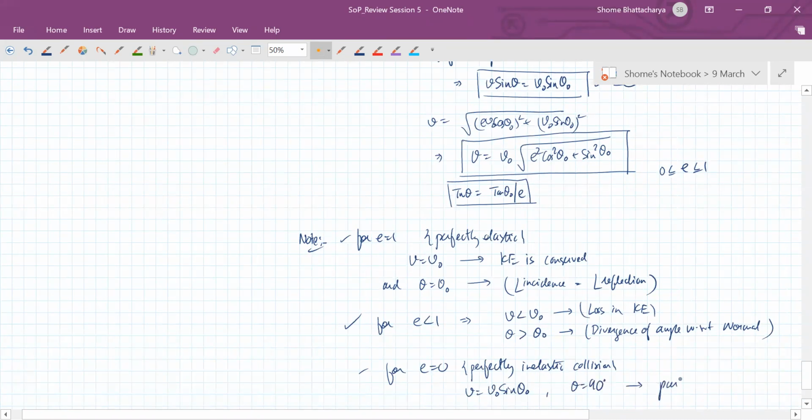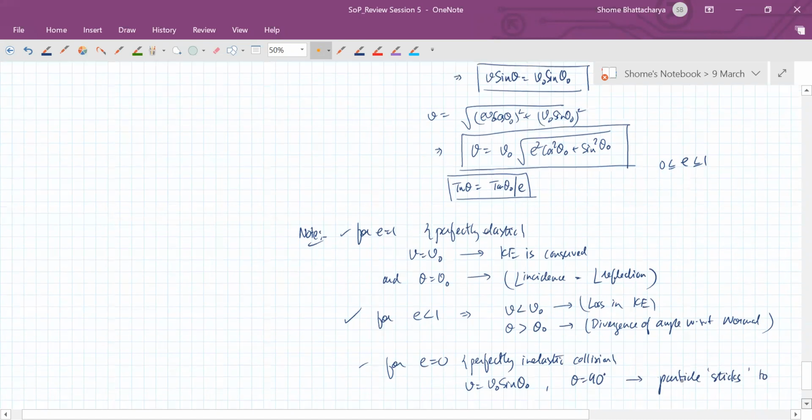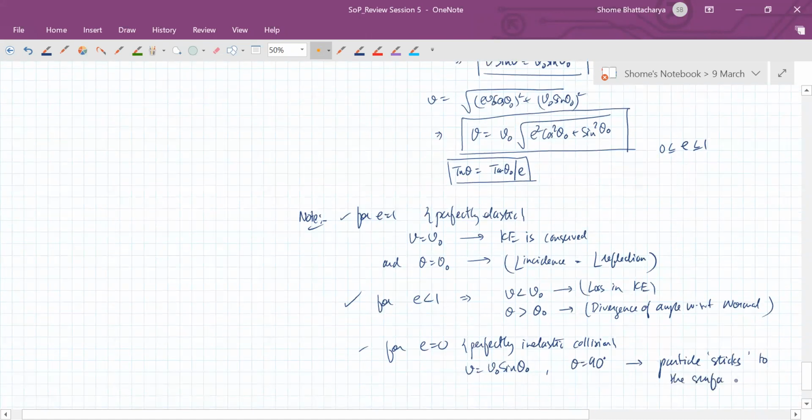So the particle sticks to the surface, slipping tangentially. Okay.